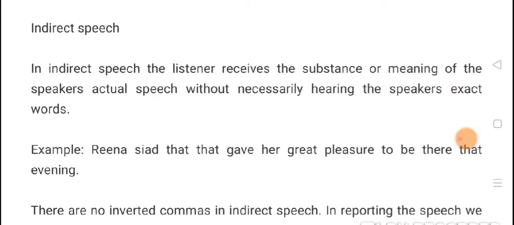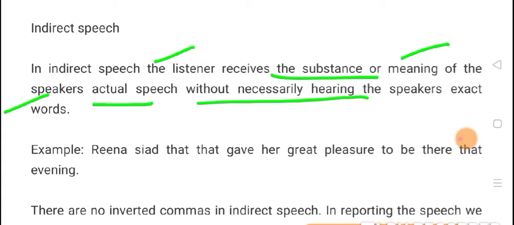In indirect speech, the listener receives the substance or meaning of the speaker's actual speech without necessarily hearing the speaker's exact words. So the listener has not listened to the words by the speaker.